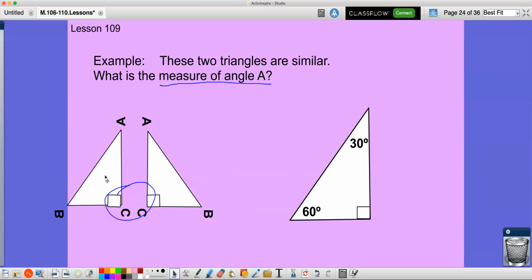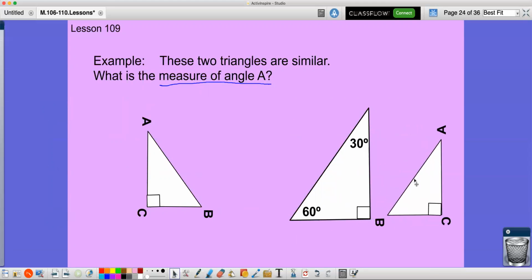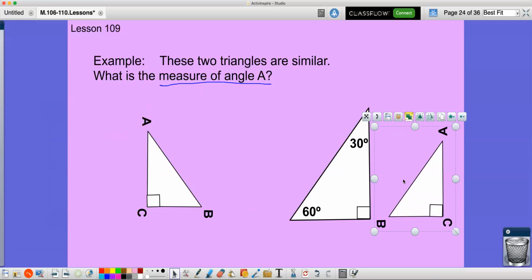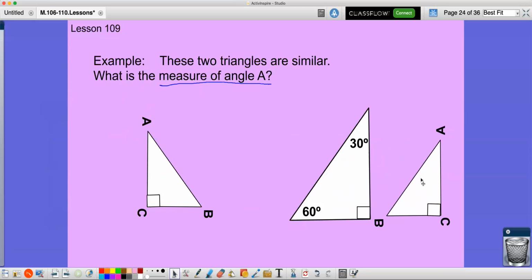I'm going to mirror it, and this is where it ends up. So I can see now that this A matches up to the measure of that angle right there.